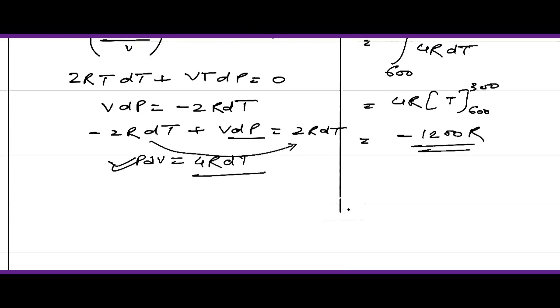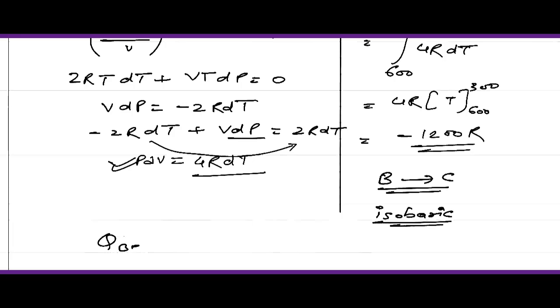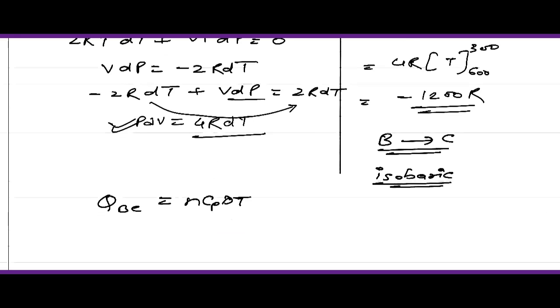Okay. Now we talk about the process number BC. If we talk about the process BC, it is an isobaric process because the pressure is constant in the process BC. Okay, so QBC will be equal to nCp delta T, where n is the number of moles and Cp is the specific heat capacity at constant pressure.